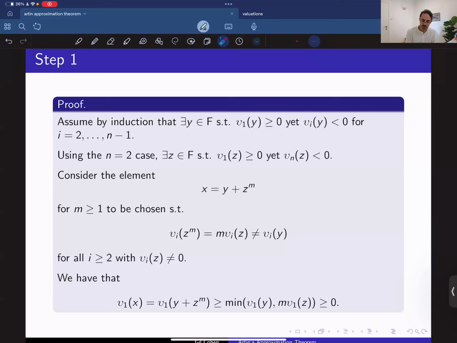So actually, I'm looking at the valuation V1 for a second, so maybe ignoring that.